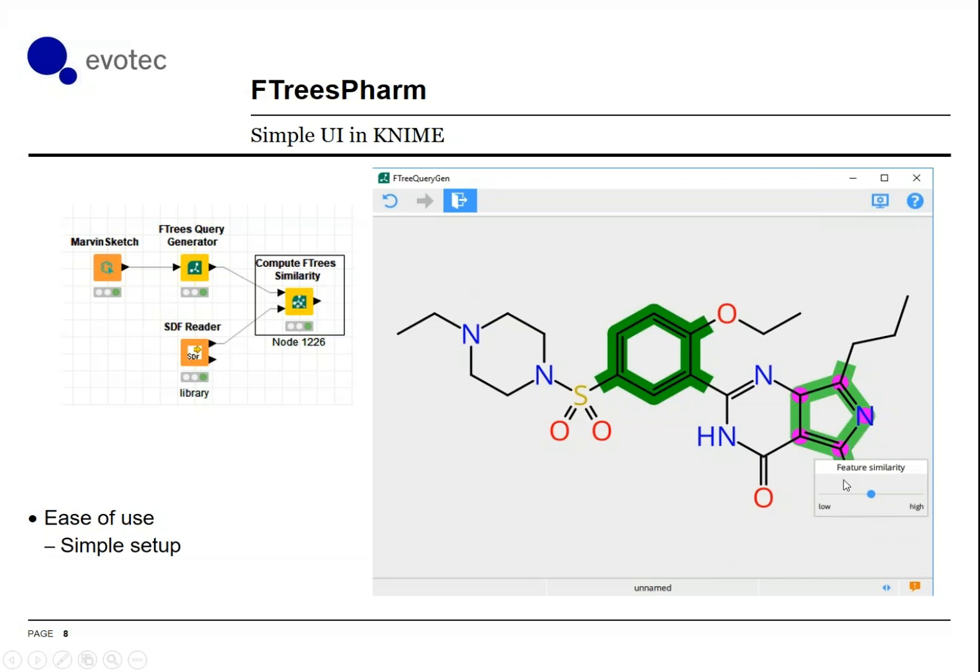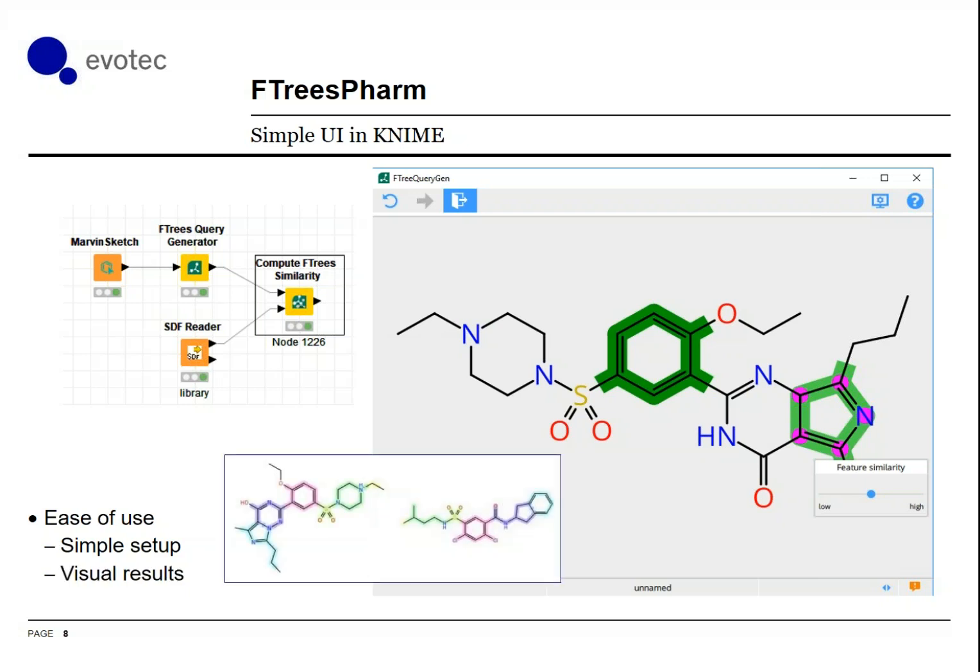You click on atoms, respectively substructures represented by individual feature tree nodes. You assign between 0.8 and 1.0 a similarity value, and thereby you have assigned the favorites.